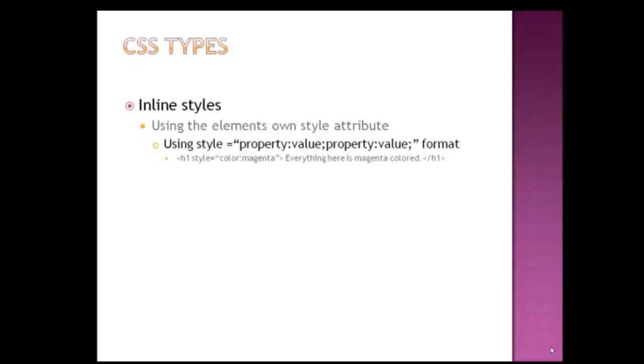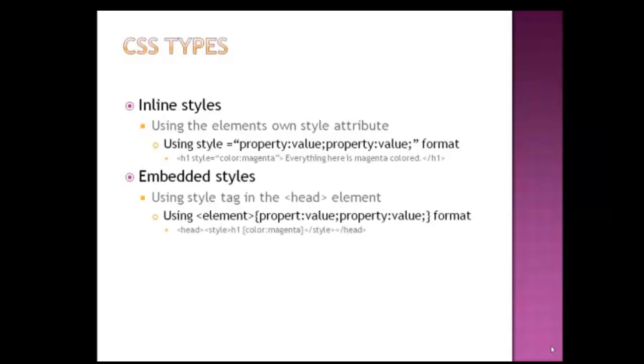The second type of styling is called embedded styling, and you can use the style tag in the head element. So as you saw in the previous example, I used the style attribute of the element itself.